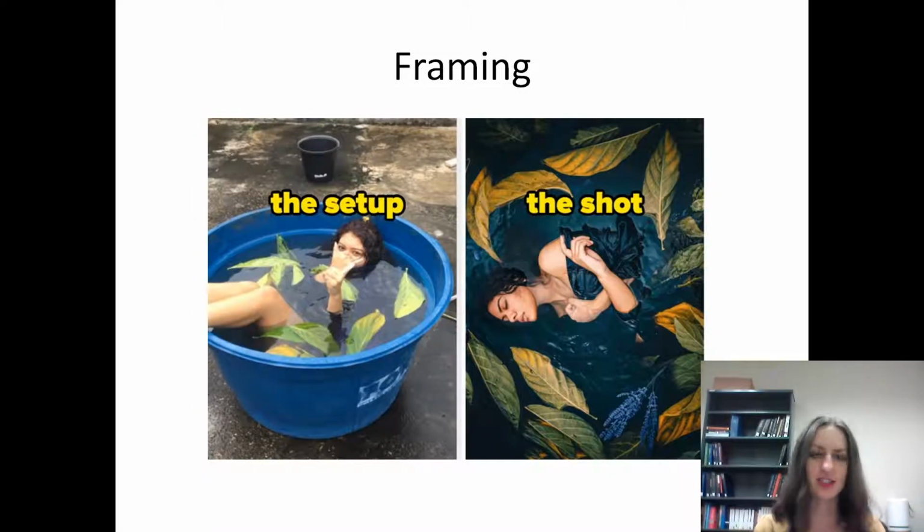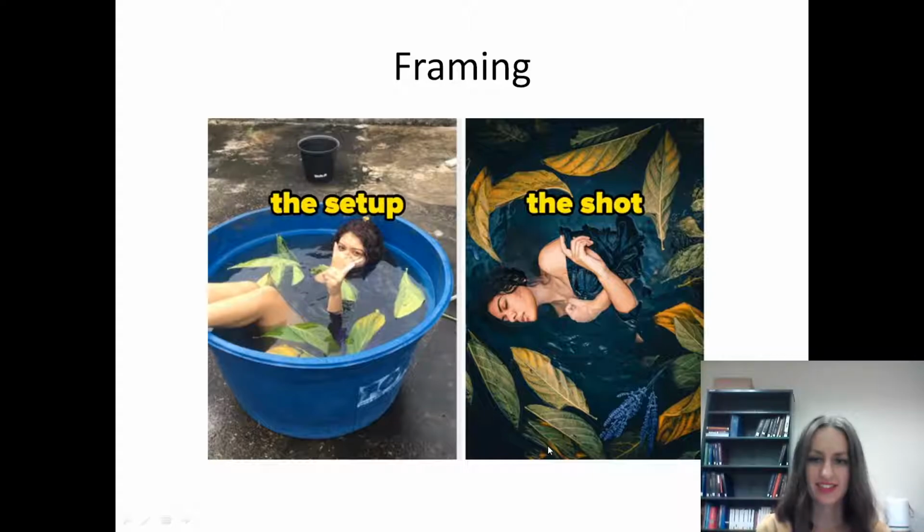Framing. Okay, framing is super important. I love this trend that's been going around Twitter recently. I don't know if you've seen it or not, but a photographer showing their setup versus the shot that they actually get, because you can really see how the frame of a photo matters so much. They can cut out all of the visual information. In this example here, you can see that the shot cuts out all the visual information of the tub, the ugly concrete around, the fact that this is actually not a very glamorous setting, and you frame it out, and all of a sudden it looks super glamorous and beautiful, right?